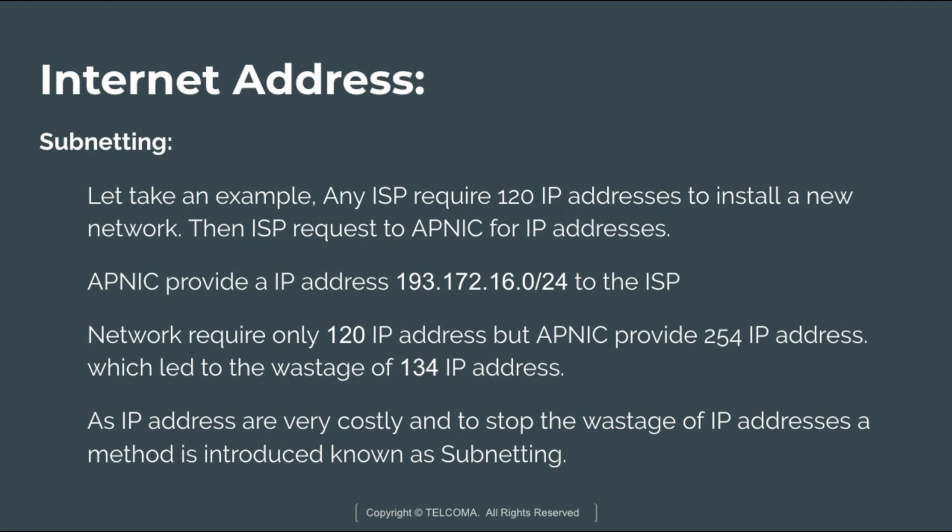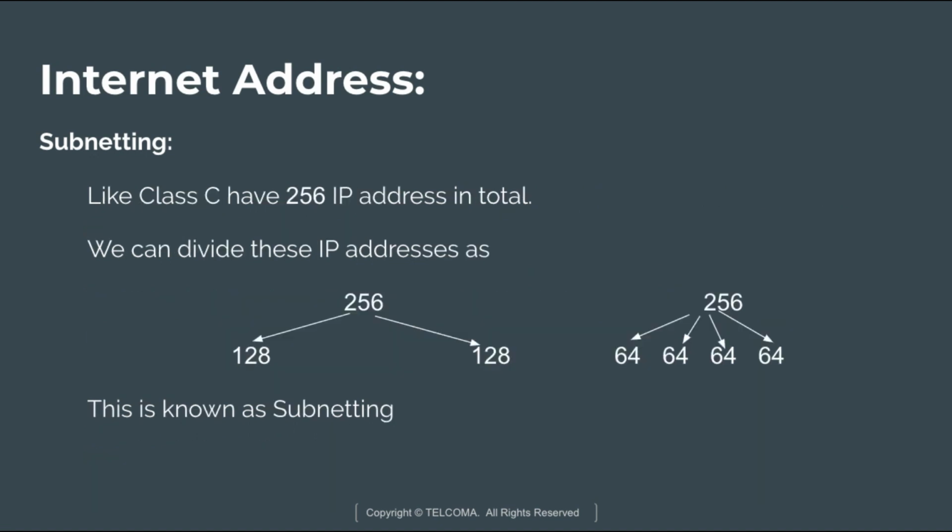As IP addresses are very costly, to stop the wastage of IP addresses, a method known as subnetting is introduced. Here we have a class C address of 256 IP addresses. We divide these 256 addresses into two subnets of 128 and 128, and we can also divide them into four subnets of 64, 64, 64 and 64.